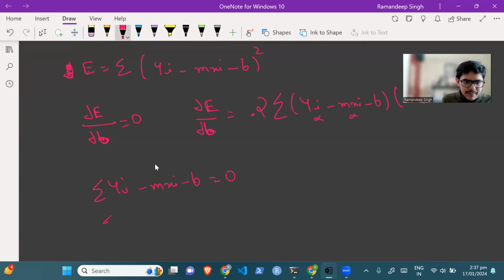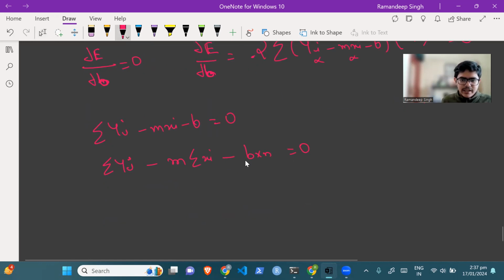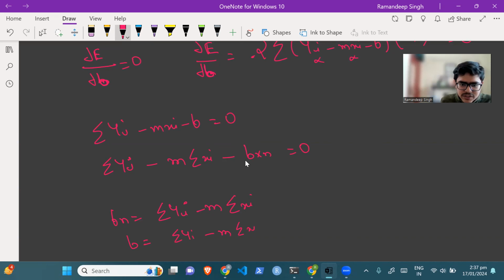After this, I can write it as summation yi minus m summation xi minus b into n, equal to 0. If I take b into n to the right side, b into n equals summation yi minus m into summation xi, and b is equal to summation yi minus m into summation xi, whole divided by n.